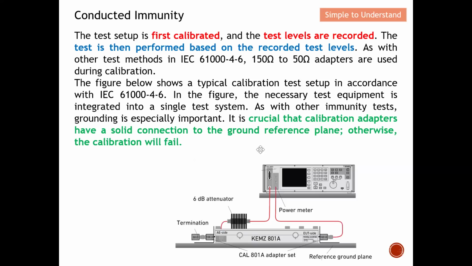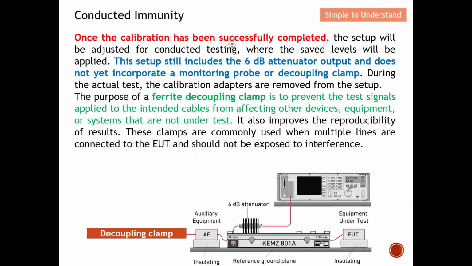This is how we ensure the calibration is accurate. Therefore we need to ensure proper grounding first. Next, once the calibration has been successfully completed, the setup will be adjusted for the conducted test where the test level will be applied.